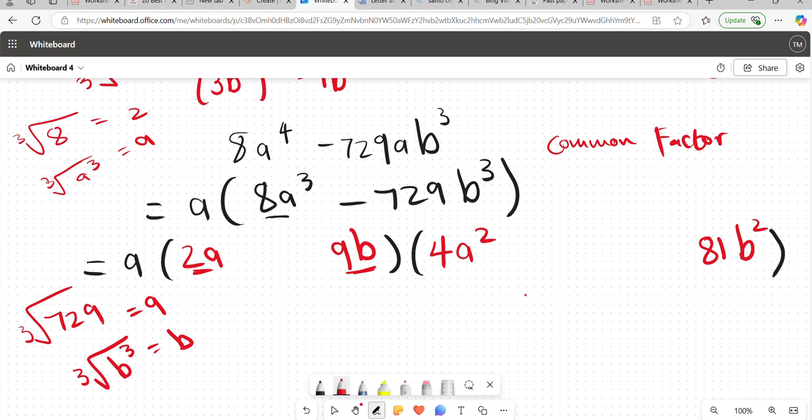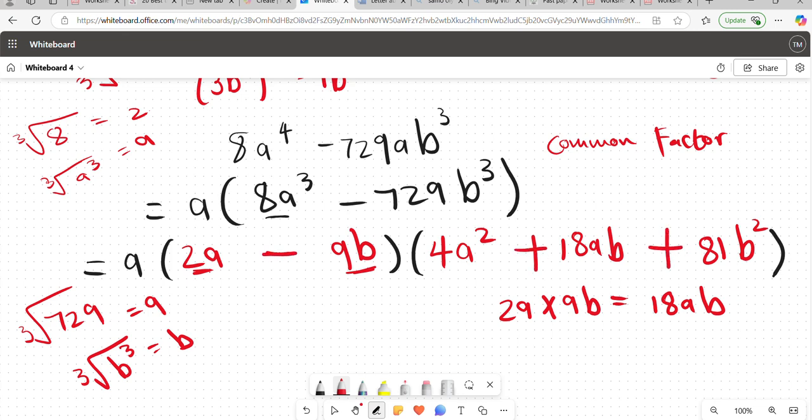That middle term is found by multiplying the 2a, the first term, and the second term in the first bracket. If you multiply those, you get an 18ab, and now the 18ab goes there. And now you just need to decide on your sign. If this is negative, this will be negative, this will be positive, and this will be positive.